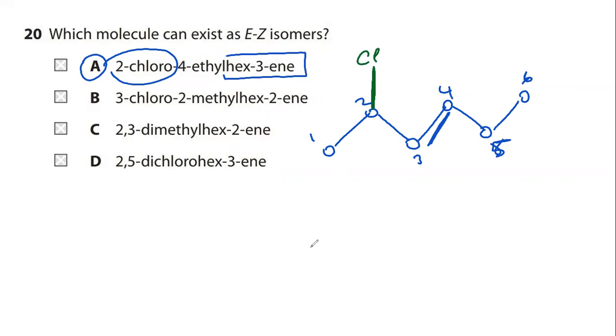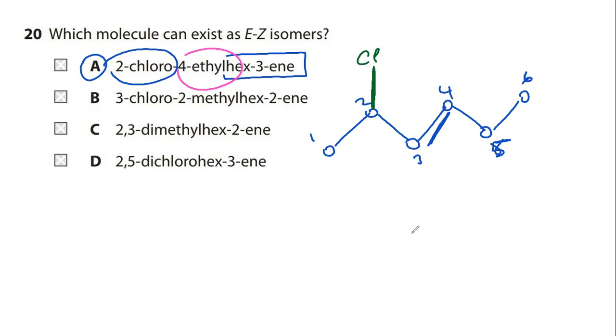And then on carbon 4, I should have an ethyl group. Let me put a circle there. An ethyl here. Ethyl basically is 2 sticks. An ethyl is basically like ethane, but without a hydrogen.